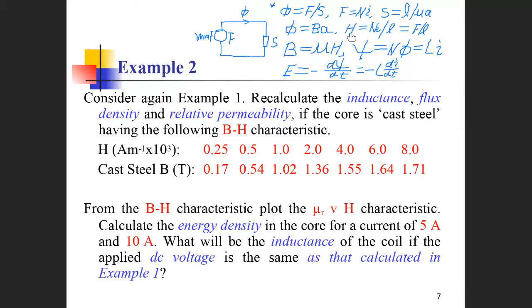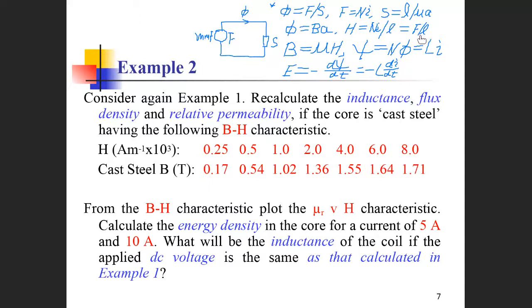And we also have the so-called magnetizing force, or magnetic field strength, which is the magnetomotive force averaged over the length of the coils.